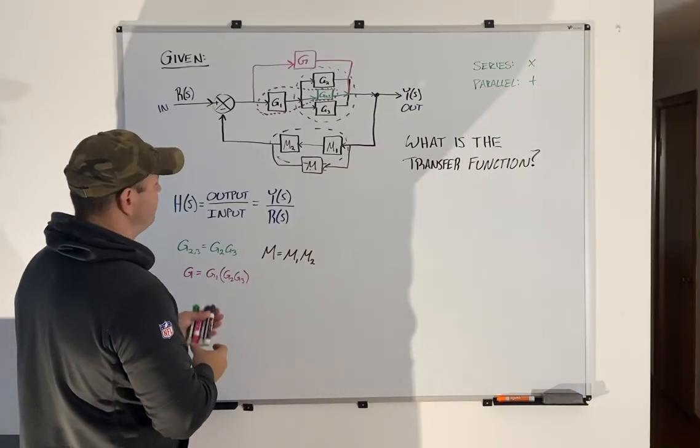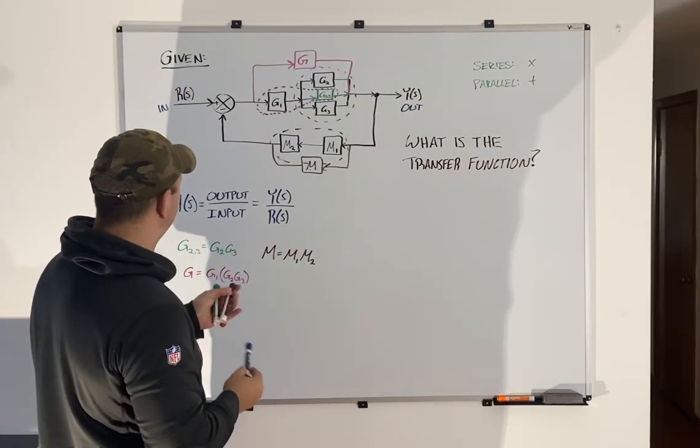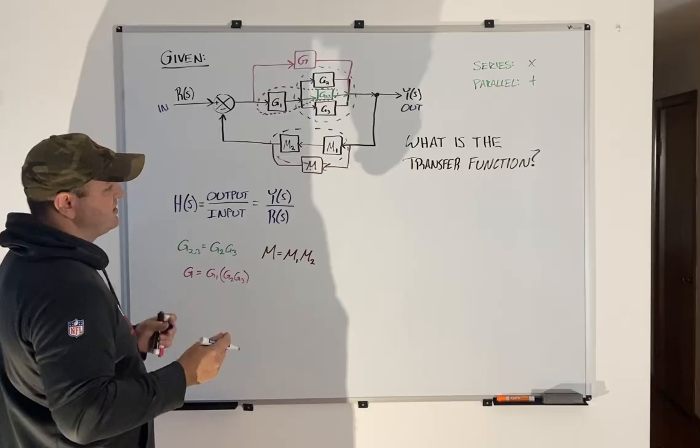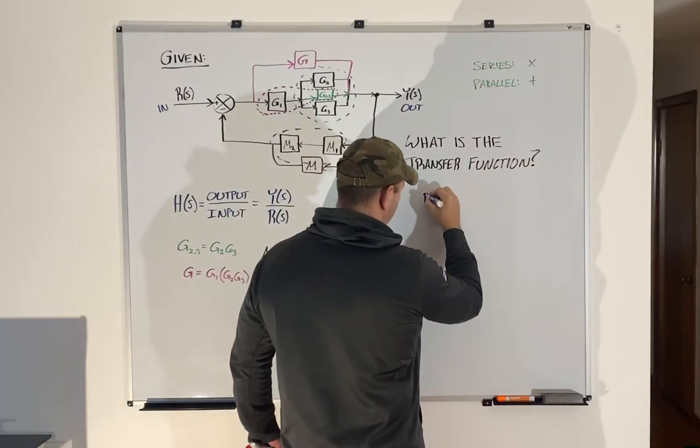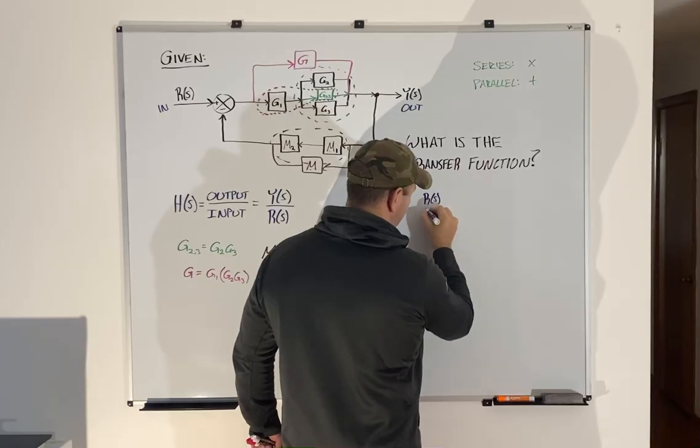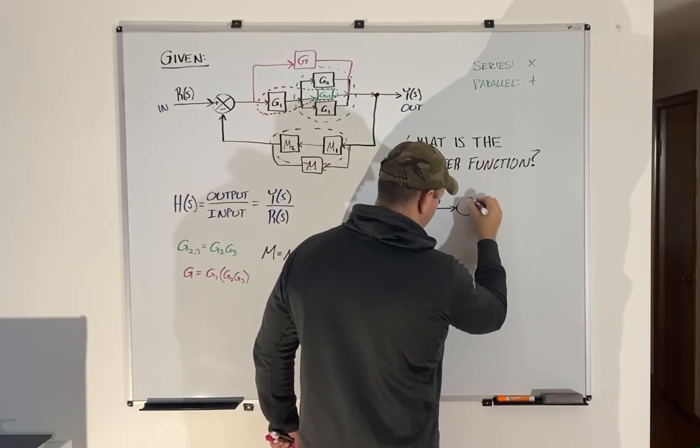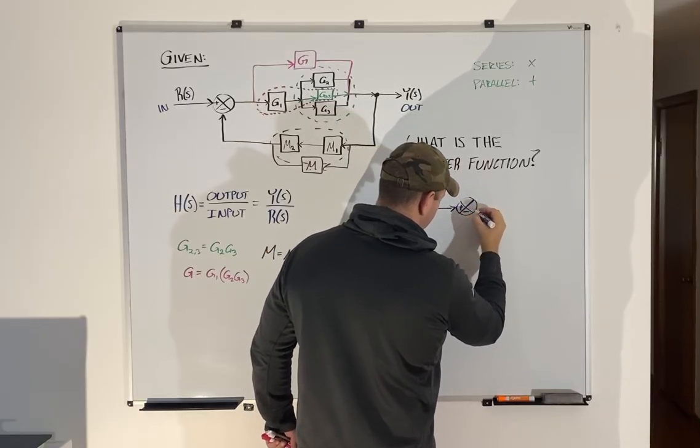So if I were to redraw this block diagram, make this a little simpler for myself, I would say I have R of s, and it's going into my feedback loop here.